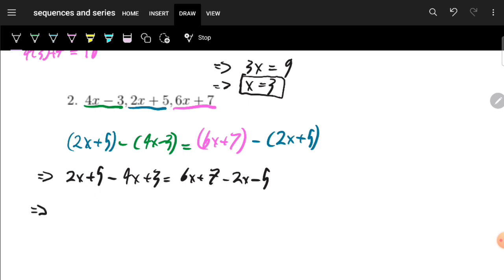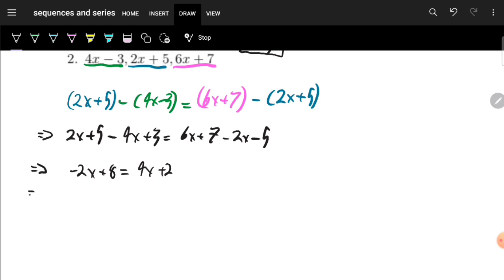Okay, so this is going to be negative 2x plus 8 is equal to 4x and then plus 2. Subtracting 4x from both sides, we get negative 6x plus 8 equals 2. Subtracting 8 from both sides, we get negative 6x is equal to negative 6.